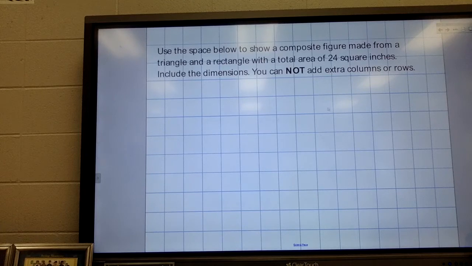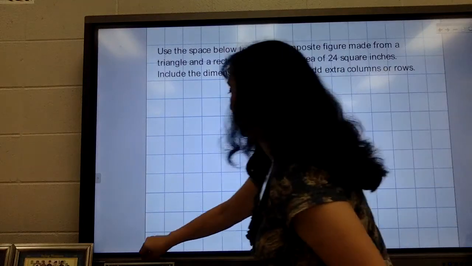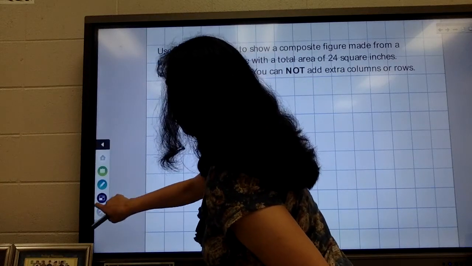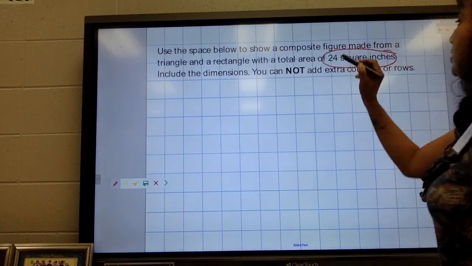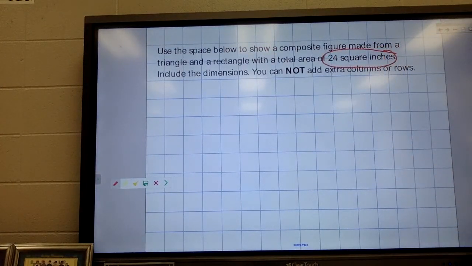So this one is saying you need a total of 24. So you need a total of 24. Okay. So this is 24 square inches is what you need to make when you are using a rectangle and a triangle.